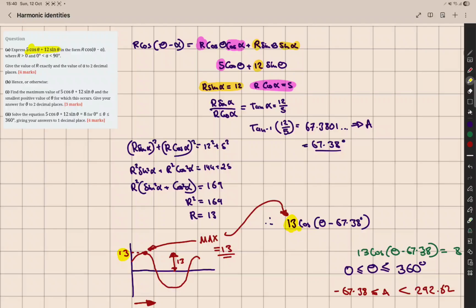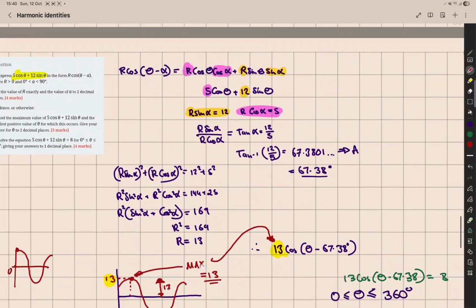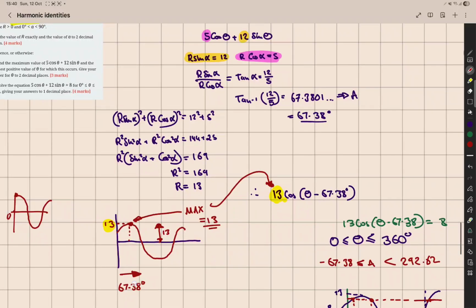Then the smallest value of theta: we know the graph has shifted. Normally cos starts off where 0 is here, that's where 1 is, but the graph has been shifted to the right by 67.38 degrees. Therefore, that is the smallest value of theta for which it occurs. We know it's going to repeat at the next local maximum again, but 67.38 is the lowest value for which this maximum occurs.